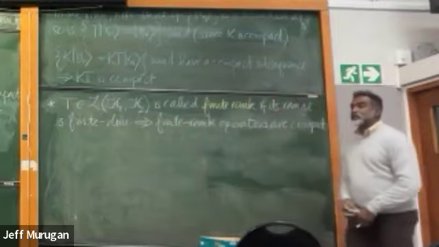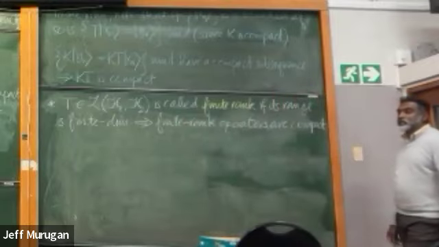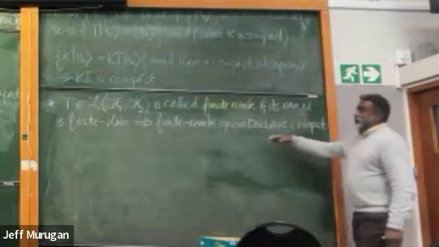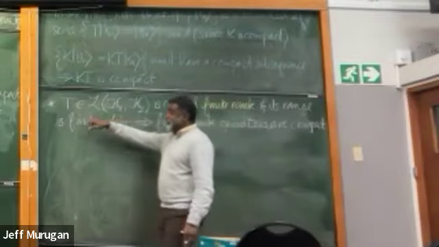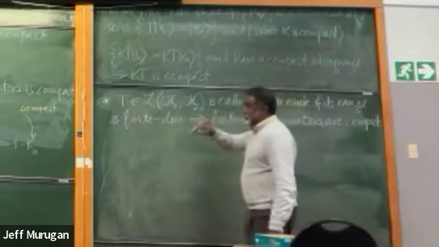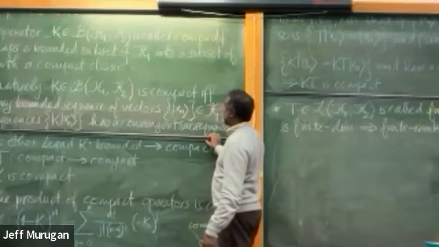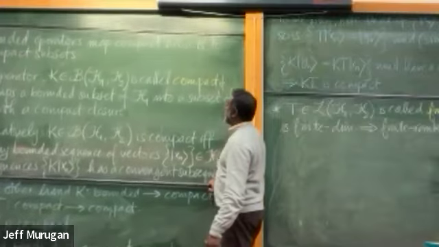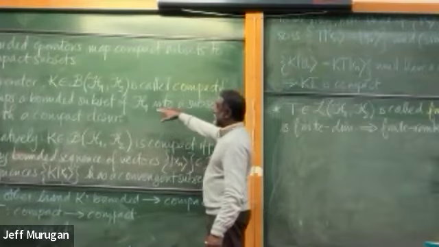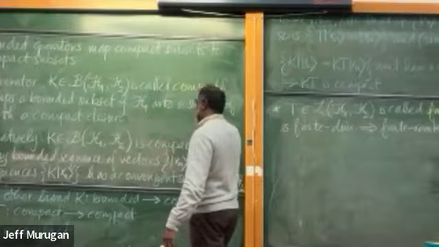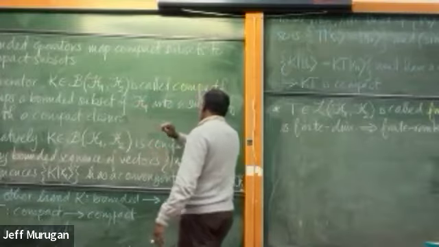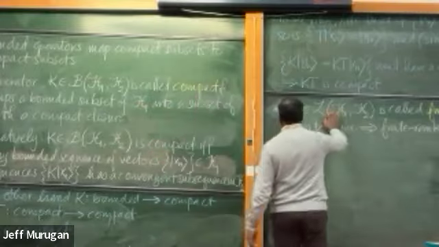Why are finite rank operators compact? Because compact operators take any bounded sequence in H1, right?